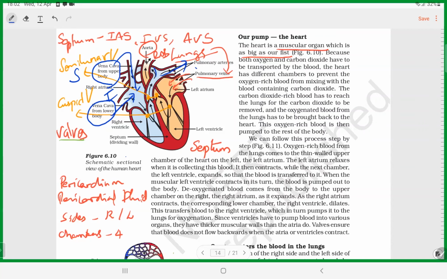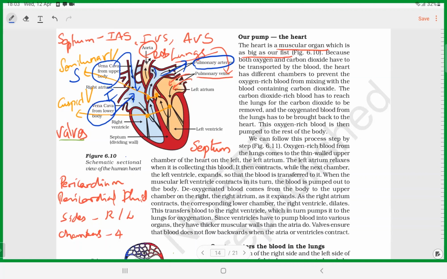Through the pulmonary artery, blood exits from the heart, from the right ventricle to the lungs. Can you understand? For what? Oxygenation. Blood reaches the lungs for oxygenation and it comes back to the heart. Is it clear?